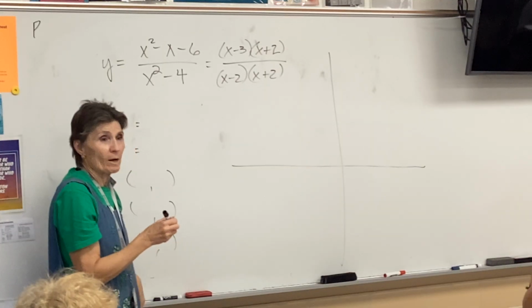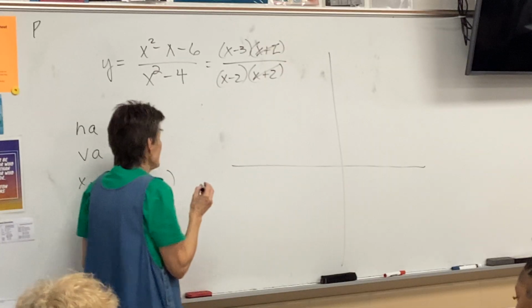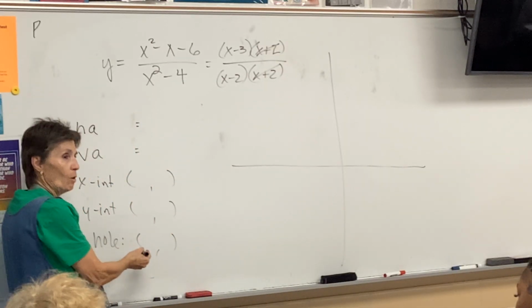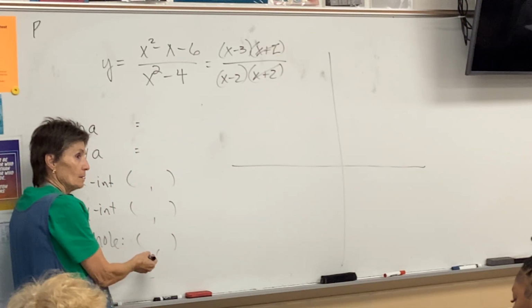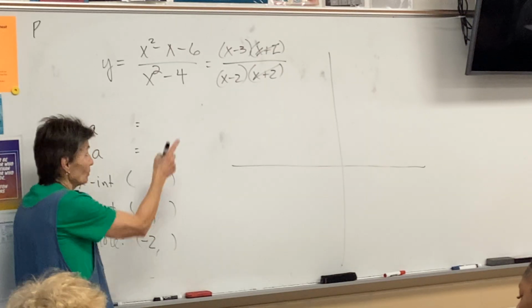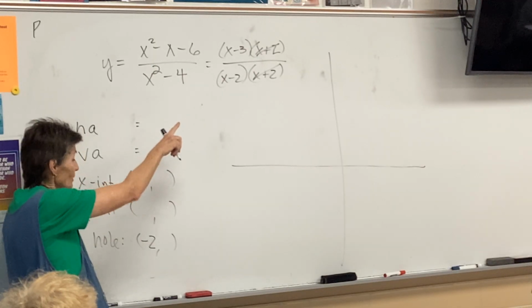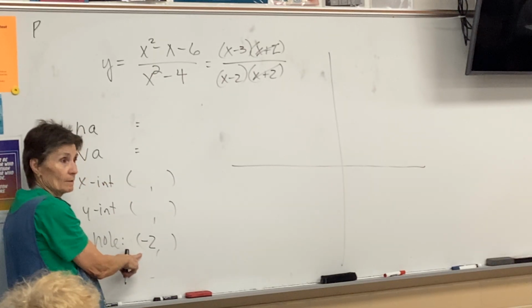Then what do you notice right off the bat? Cancel. And that immediately tells me that I'm going to have a hole where x is negative 2. Right? Guys, look, we canceled. The hole is negative 2.